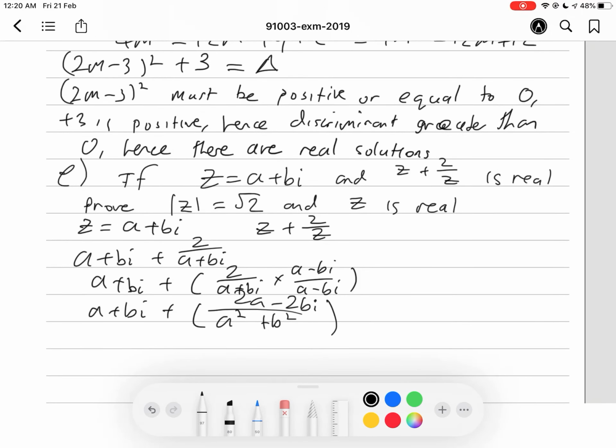Alright, so now you have a plus bi plus a squared plus b squared over 2a minus 2bi. So right now, for this a plus bi, you want to multiply it so it has the same denominator, so multiply by a squared plus b squared.